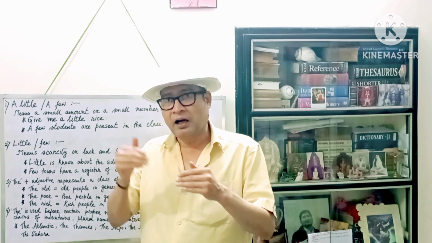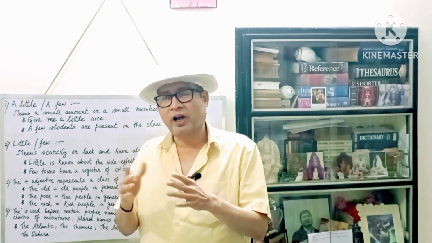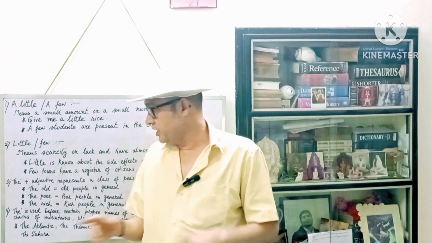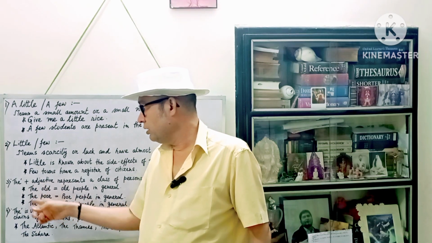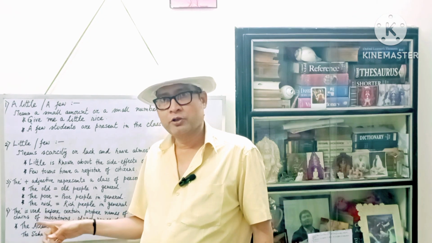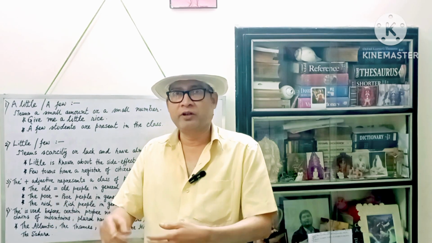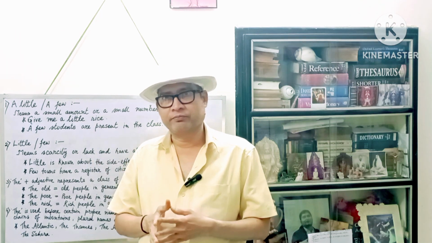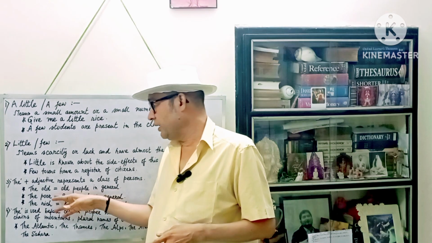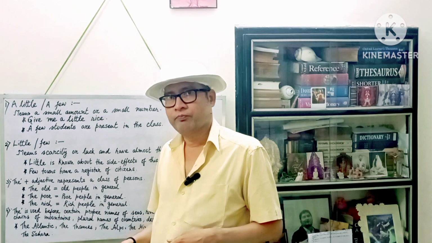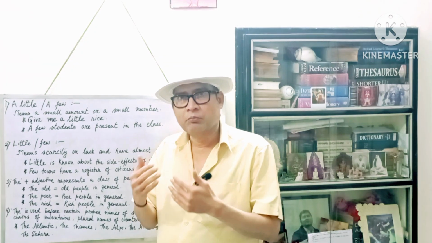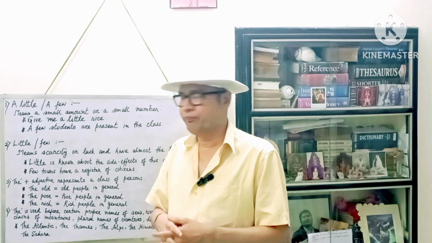The poor are, not is. Why? Well, I've already told you. This particular phrase, the poor, has the plural effect. So we are not using any noun after poor. If we say the poor man, then we are mentioning a particular poor person. So here we are not using any noun after the poor.